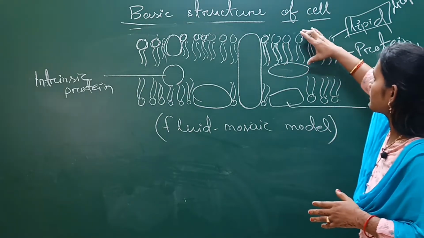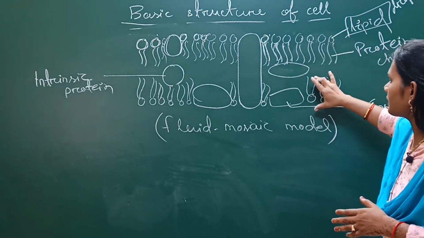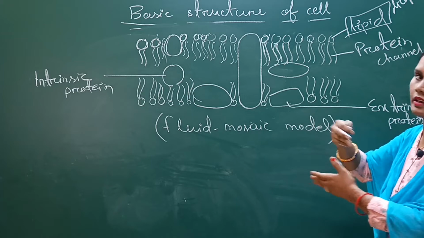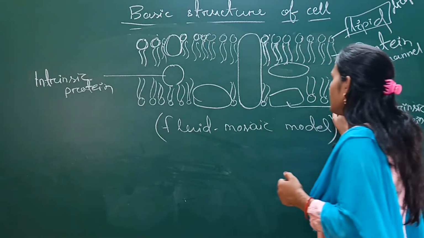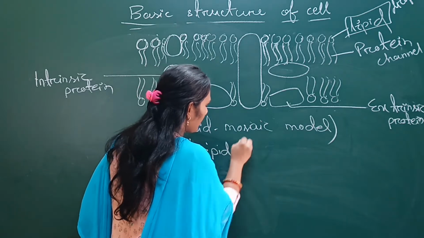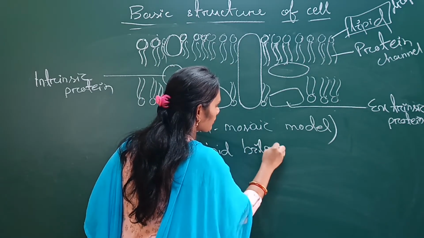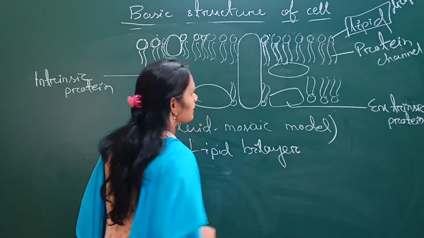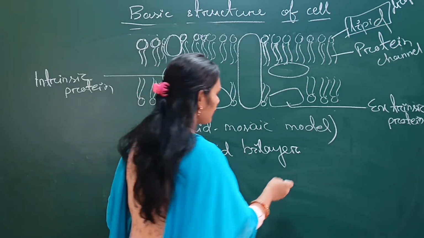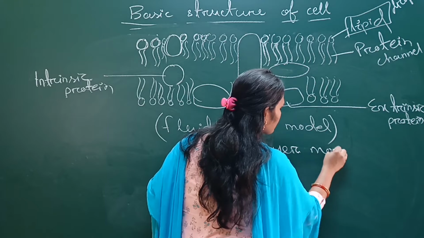This lipid and protein is bilayer, in opposite directions, so it is also called the lipid bilayer model, because the lipid and protein has two layers in opposite directions.